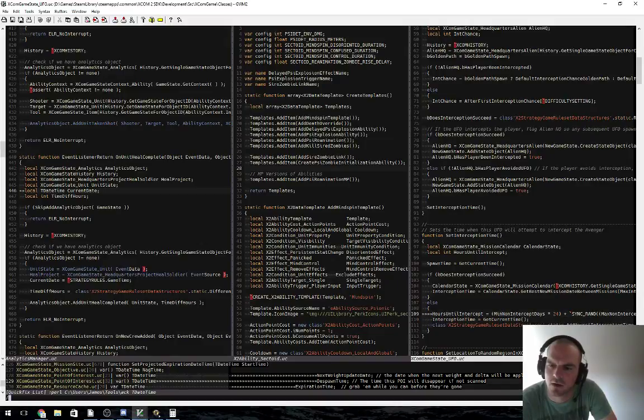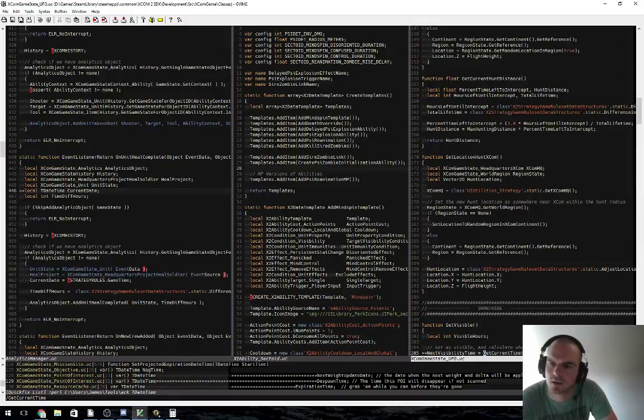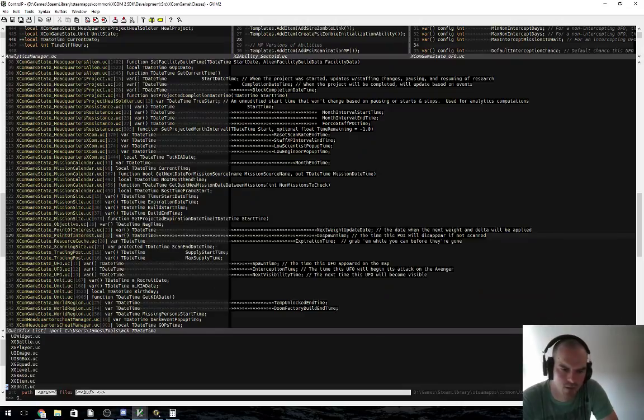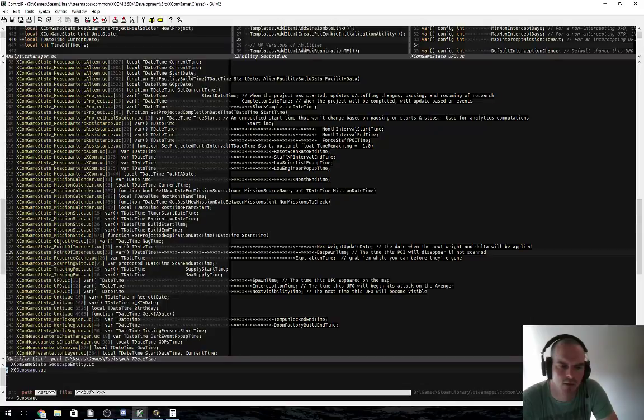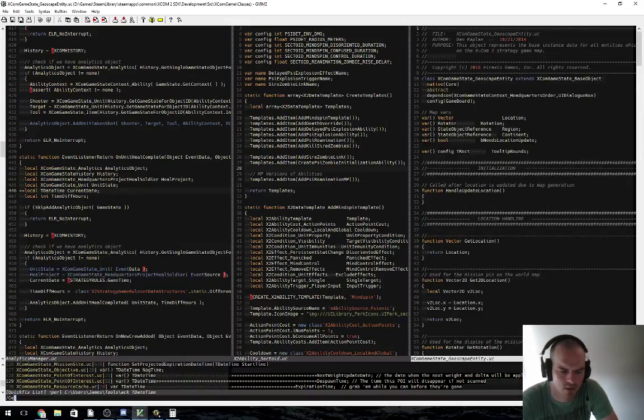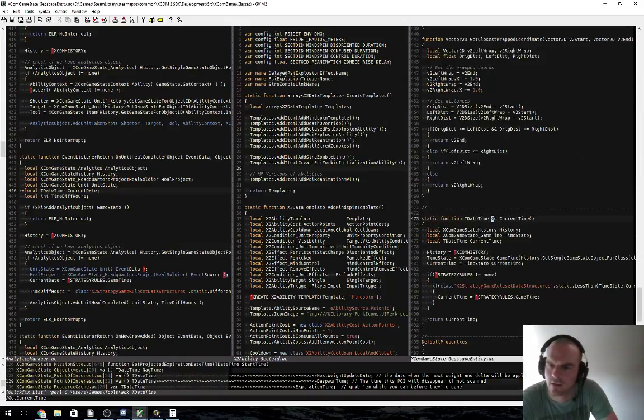Alright, where does get current time come from? It comes from any geoscape asset. Gets to do that, I guess. So geoscape entity, get current time. Sure does. Okay.